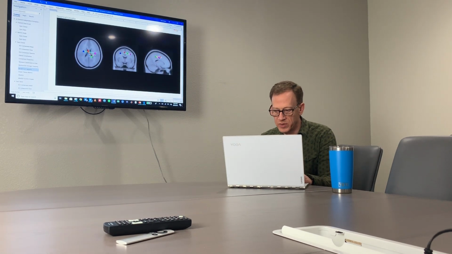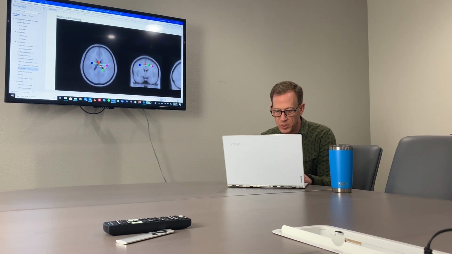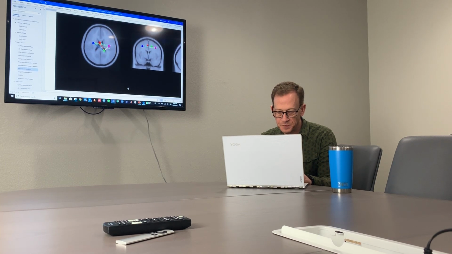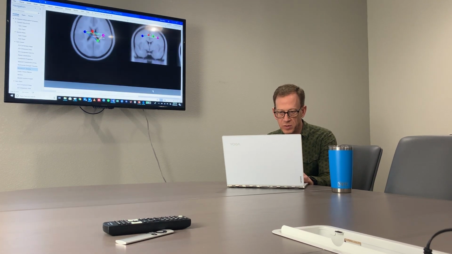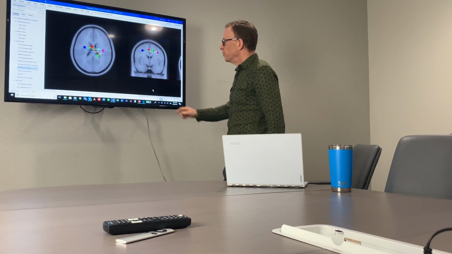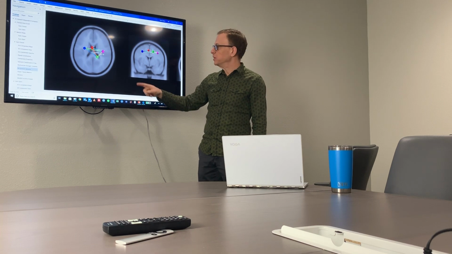From that, we go to another measurement called reciprocal causality. What this does is it takes our measurement of connectivity and it says, okay, if what we have from location 1 to 4 is a certain value, and from 4 to 1 is another value, let's subtract them and determine which one is causing or pushing it more in the direction of the other one.